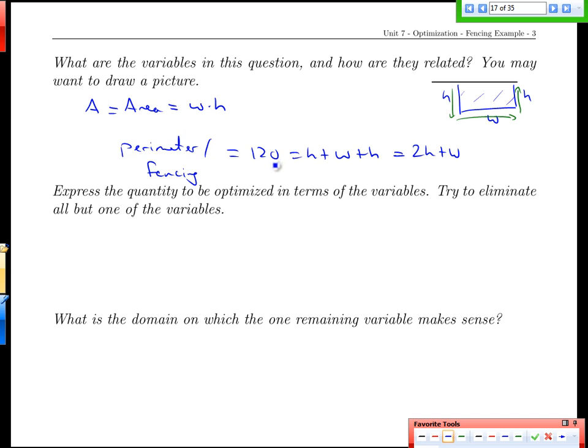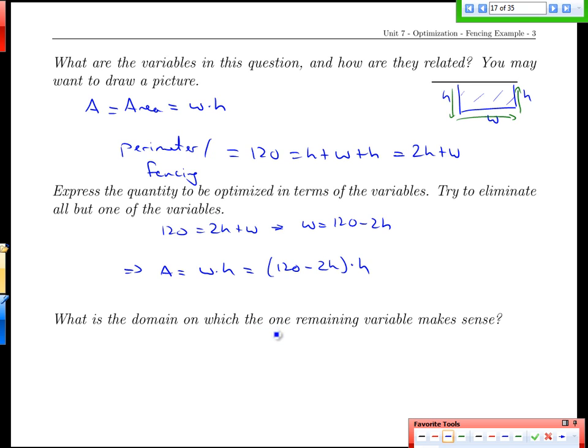Then we can isolate for, let's say, W. So W will always be 120 minus 2H, because if I choose the height, then I know what width of material I have left, or length of fencing I have left for that side. And that means that our area, which is W times H, can be simplified into the single variable function (120 minus 2H) times H.